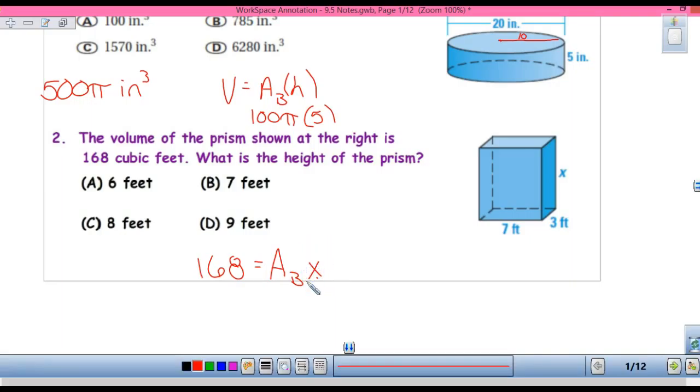What is the area of my base? 21. Yep, because my base is 7 times 3. So 168 equals 21x. Divide that out. 8 feet.